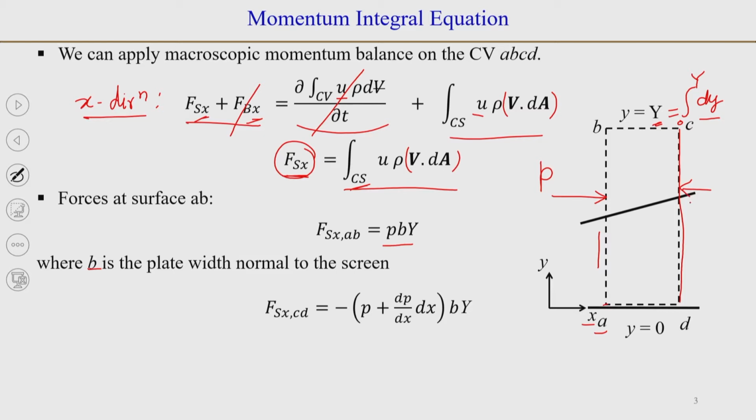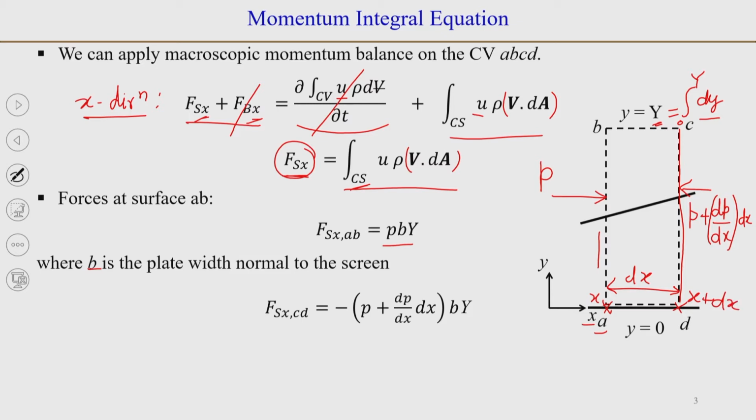So, from Taylor series we can write the pressure here as P plus dP by dx. We can write it as dP by dx because P is not a function of y. So, we can write it as a normal derivative multiplied by dx. Remember that this distance is dx, and at A the coordinate is x, and at D it is x plus dx.